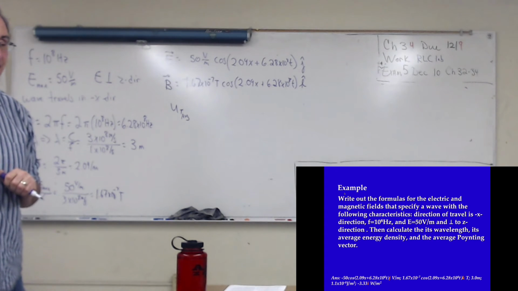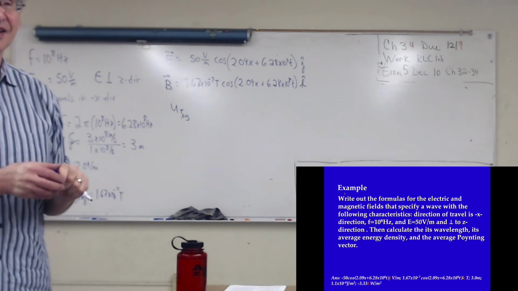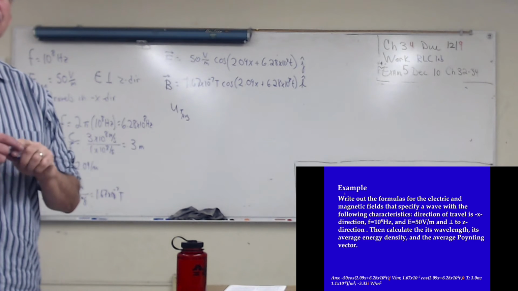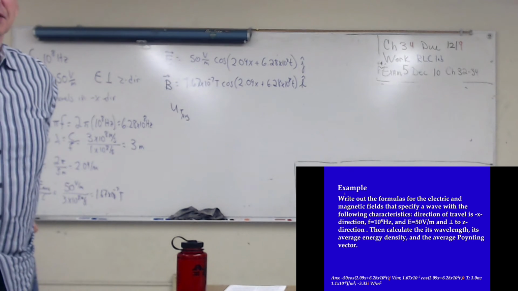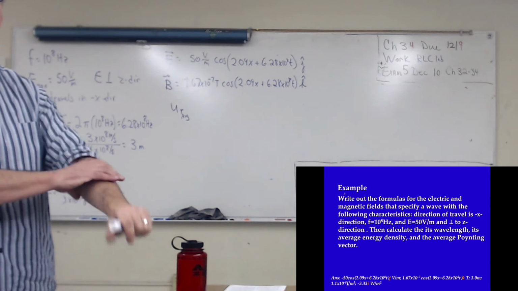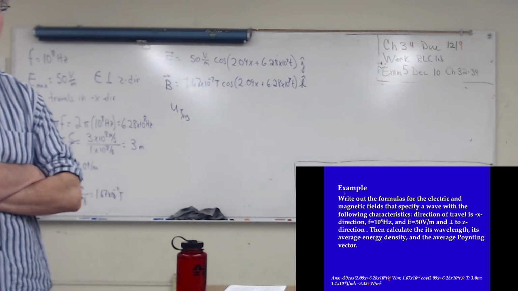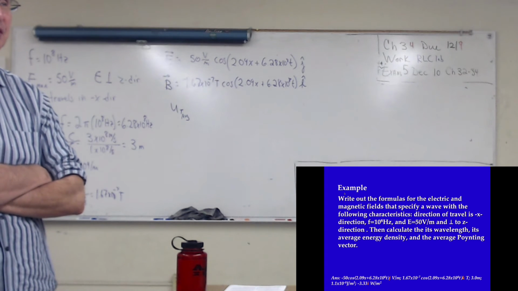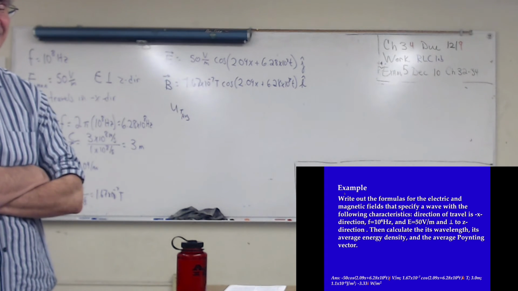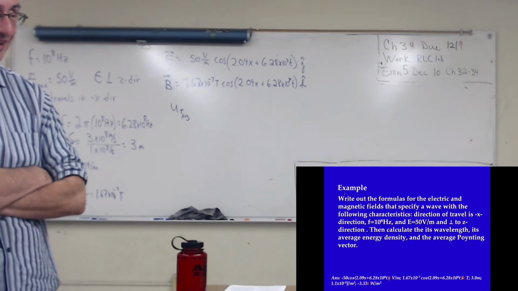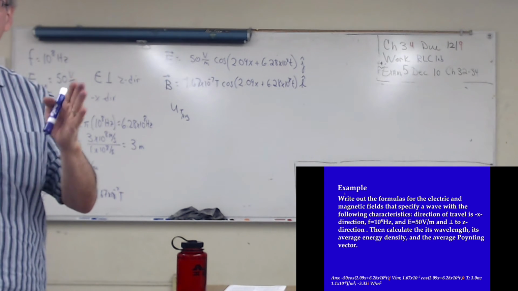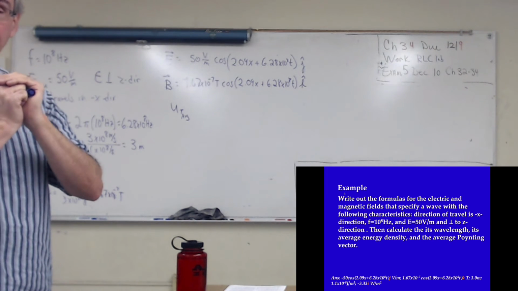Right. You want the average. There's a fundamental difference between the average energy density and the... I got mixed up now. Which ones were the two you're asking again? They asked for energy density. So that's the energy per unit volume.